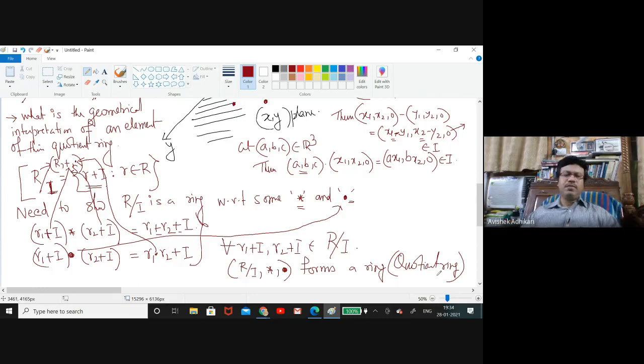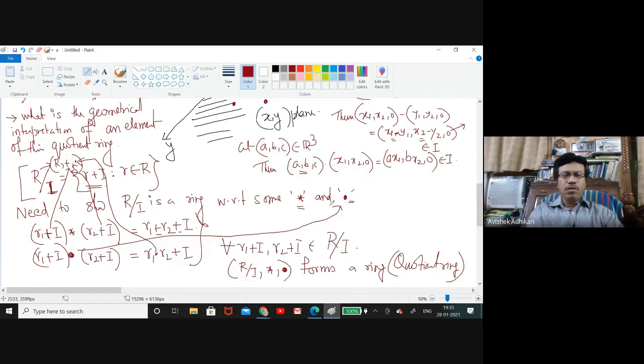Just like the same concept when we dealt with normal subgroups in the case of a group. Unless you have the normal subgroup or the ideal concept here, you cannot have some algebraic structure on R quotient I. That's why it's essential to have this.